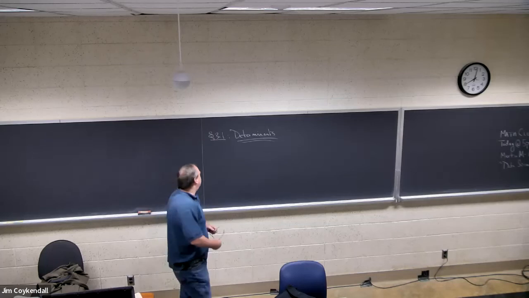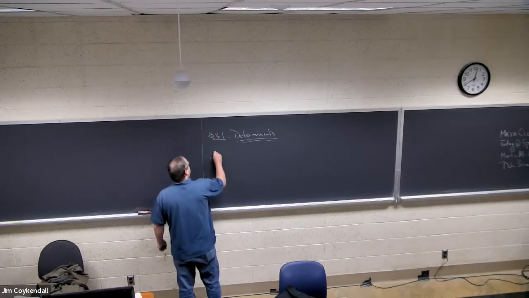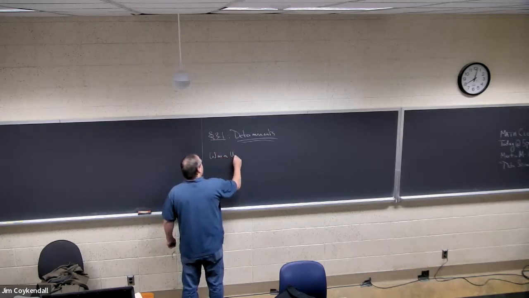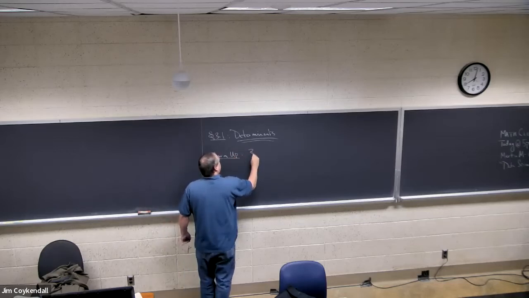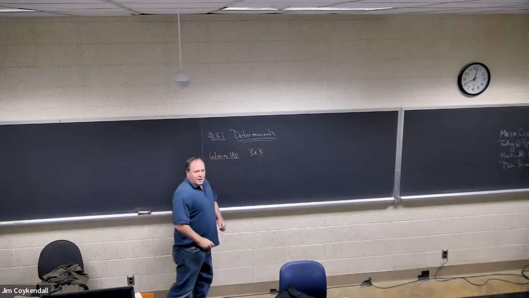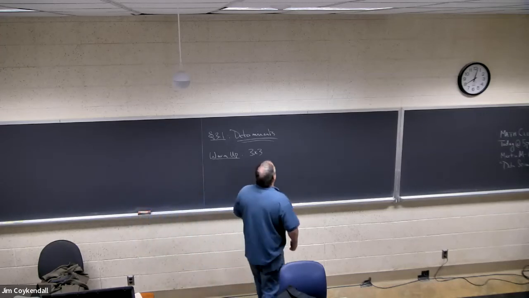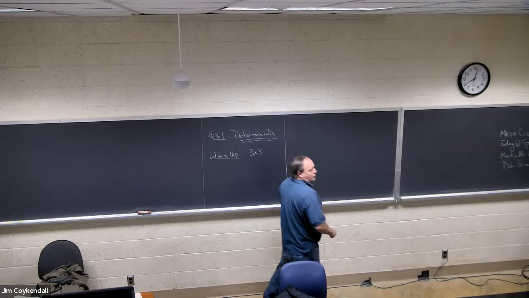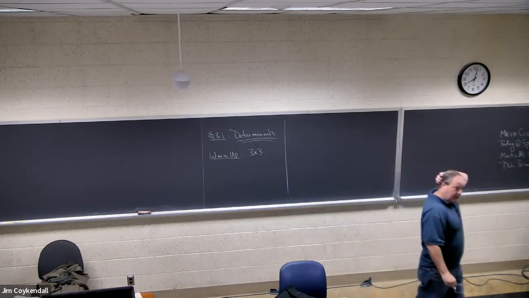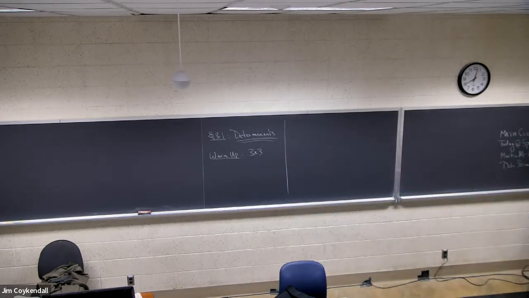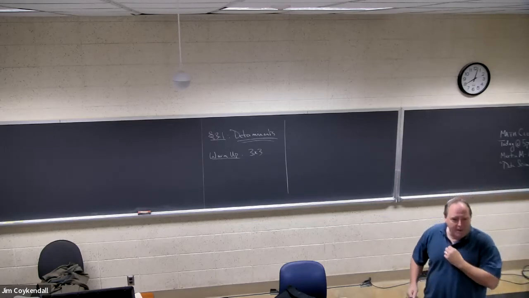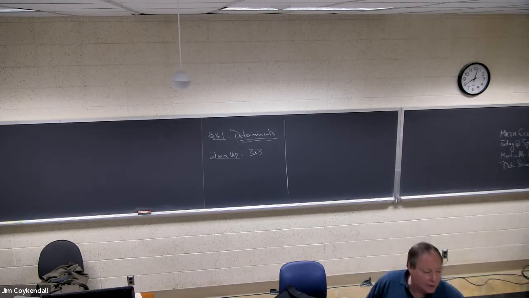So let's decide what a determinant should be for a 3x3. This is just me playing fast and loose here to figure out what should be going on. Does anybody remember what the big deal was about 2x2 determinants?